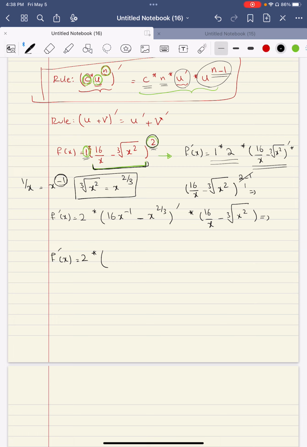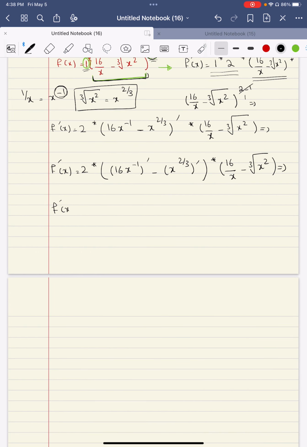So it will be u prime, or (16 times x to the power of negative 1) prime, minus (x to the power of 2 over 3) prime, times 16 over x minus the cube root of x to the power of 2.